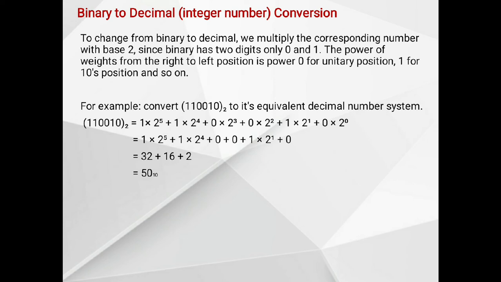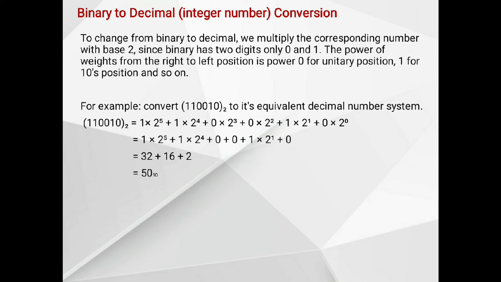The bit position on the right hand side, 0, is position 0, and the bit position 1 is position 1. Then the bit position 0 is position 2, bit position 0 is 3, bit position 1 is 4, and bit position 1 is 5. Since we have 2 digits in the binary, it starts 0 1 2 3 4 5.